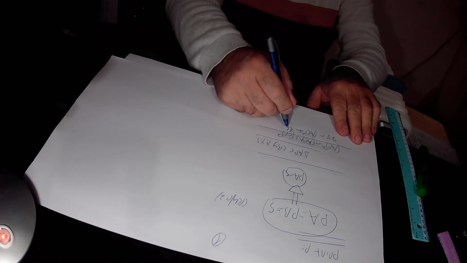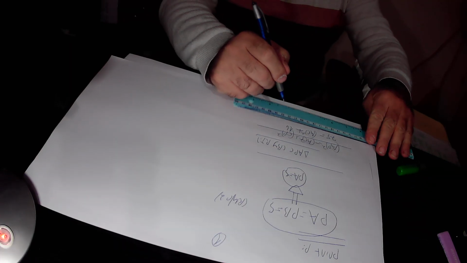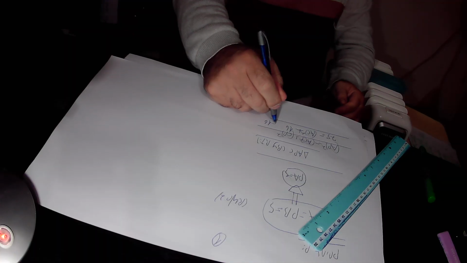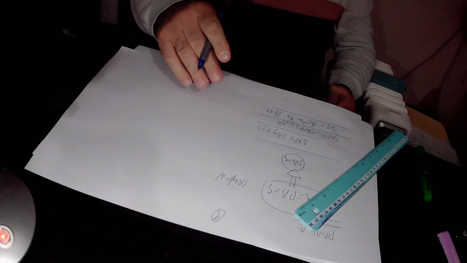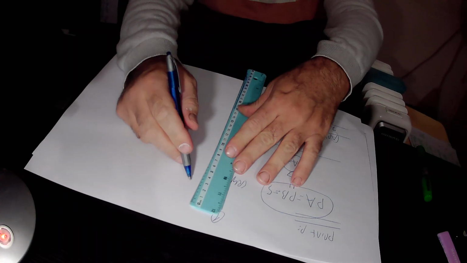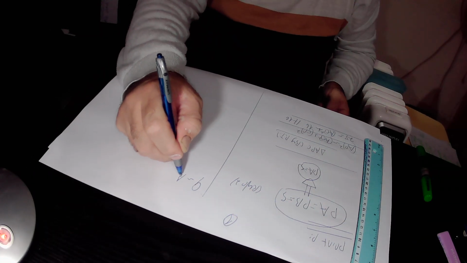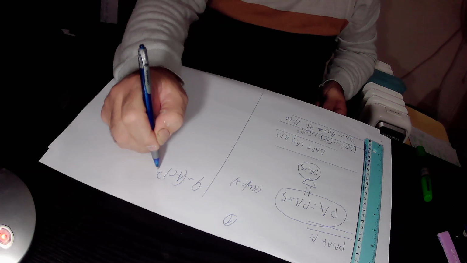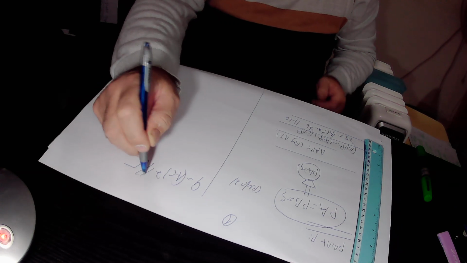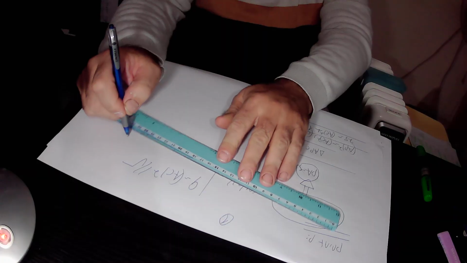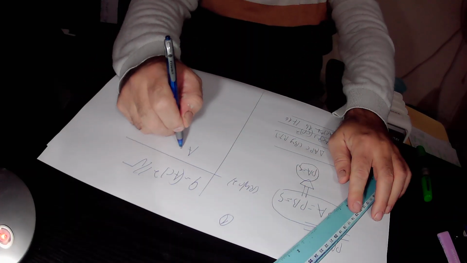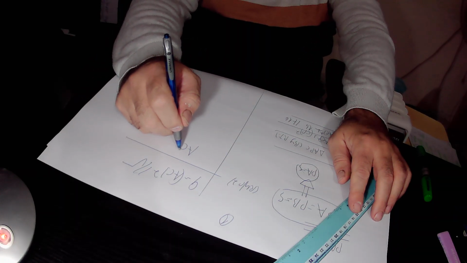So in total, we find that 25 equals AC squared plus 16. Here we subtract 16 from this equation and find that 25 minus 16 is 9 equals AC squared. Here we take the root of this equation and find that the missing side AC is equal to the square root of 9 units.